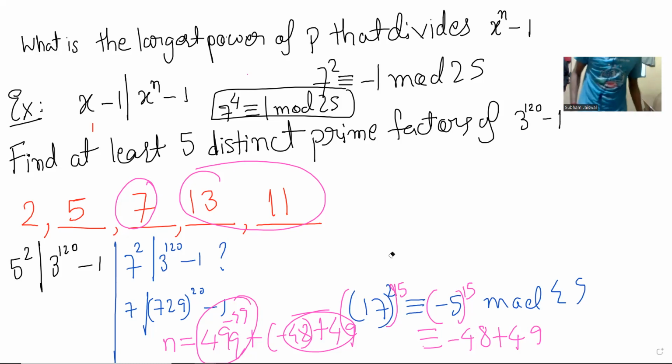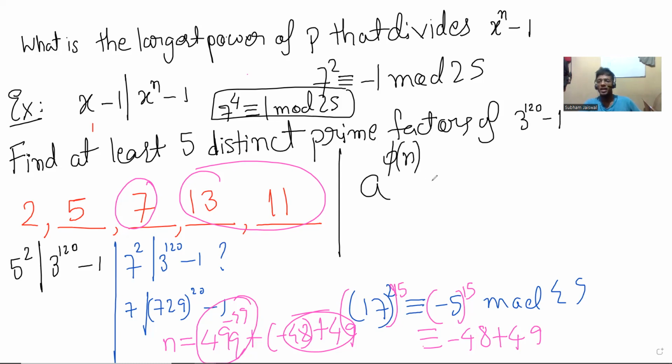I don't think we proved it. But then I stated a similar result when you were trying to understand generalizations of it. We said that any a, if you raise it to the power phi n, which is the number of numbers less than 49 and co-prime to 49, that would also give you 1, right? Maybe we didn't prove it, but you could apply it in this case.